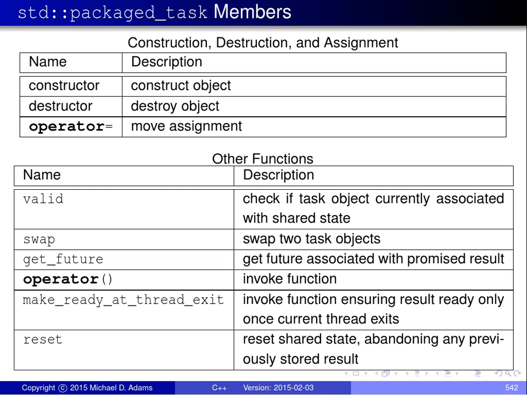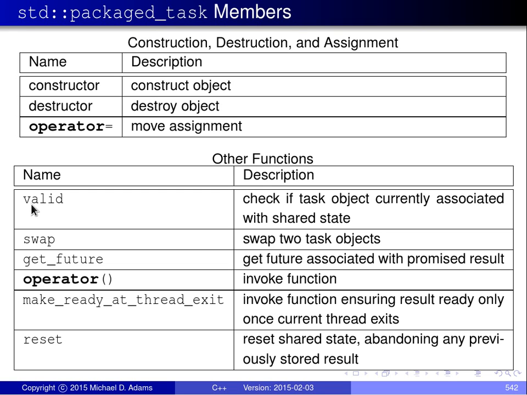On this slide we have a summary of the members for the package task class. With respect to construction, destruction, and assignment, really the only comment to be made here is just a reminder that objects of type package task are movable but not copyable. The more interesting functions are the ones listed on the bottom part of the slide.